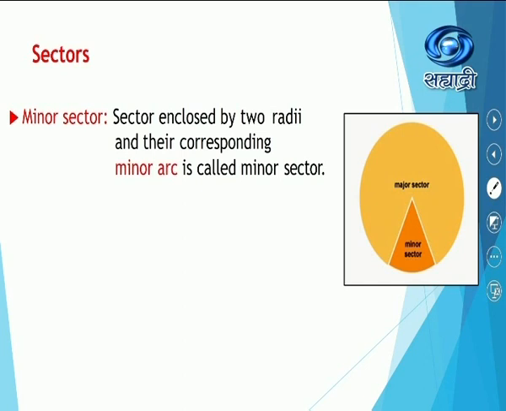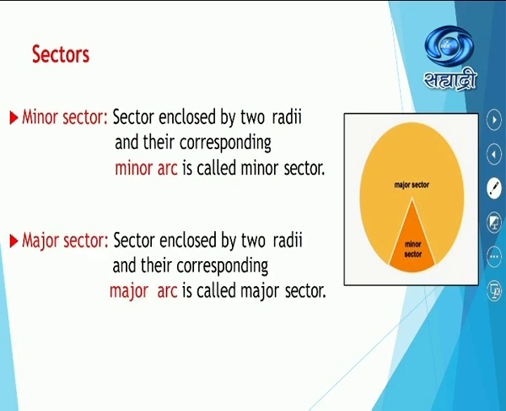Minor sector: the sector enclosed by two radii and their corresponding minor arc is known as minor sector. So here you can see there are two radii and the corresponding arc is a minor arc. Therefore, this sector, which is orange in color, is known as minor sector.